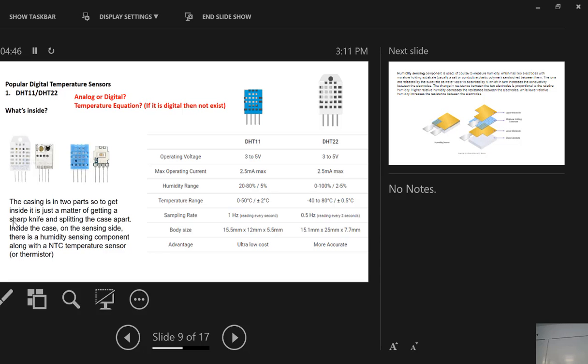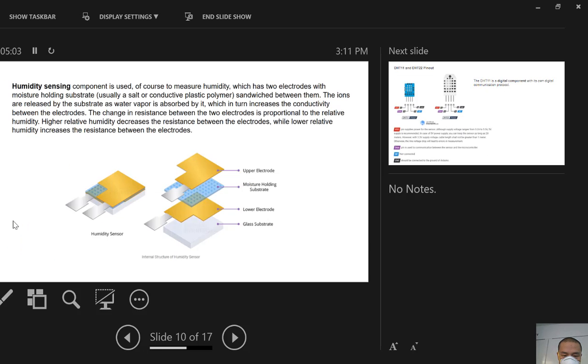That's nice. So cheap. Something like $2 can buy, $1 or less for each. So it has a thermistor inside and also a moisture sensitive sheet inside as well, and it converts humidity into resistance.